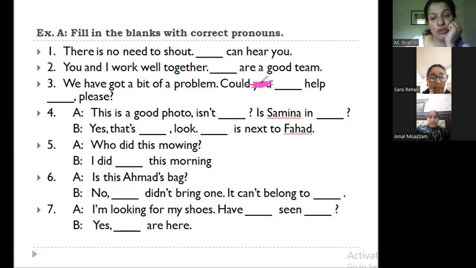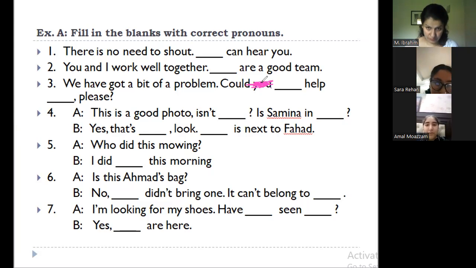This is a good photo, isn't it? Is Samina in it? Read the whole sentence in one go. Okay. This is a good photo, isn't it? Is Samina in it? Very good. Yes, continue, Amal.